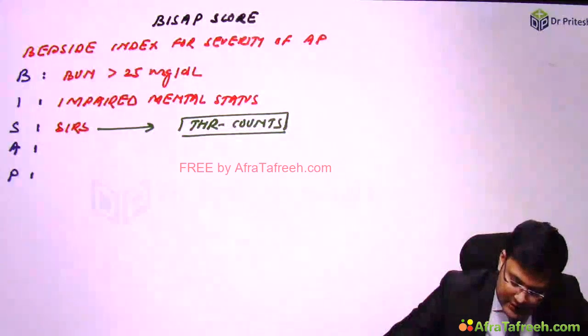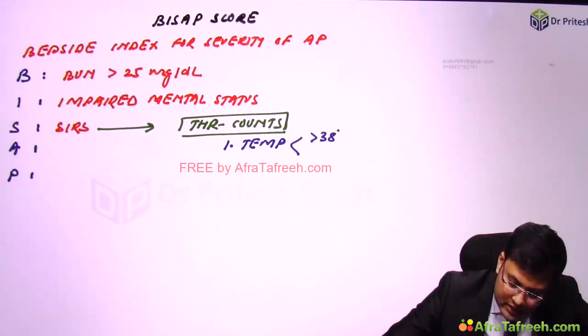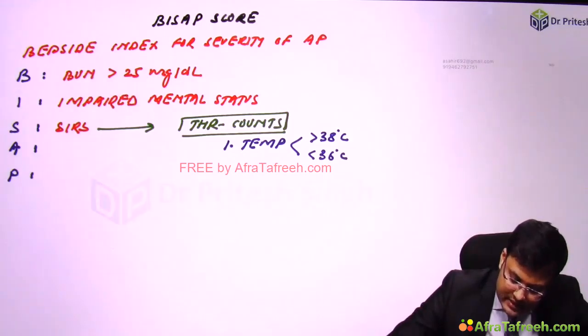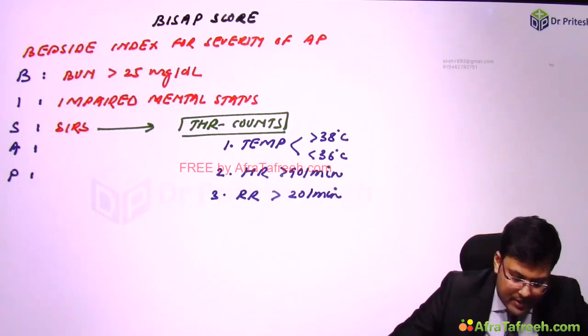So what are the parameters? First, T is the temperature. How much should be the temperature? Either more than 38 degrees centigrade or less than 36 degrees centigrade. Second, heart rate more than 90 per minute. Third, respiratory rate more than 20 per minute.